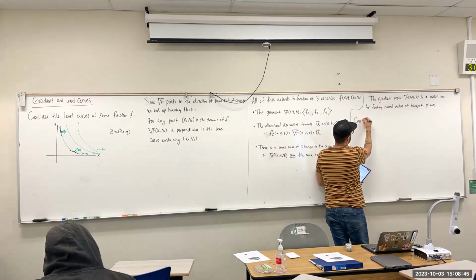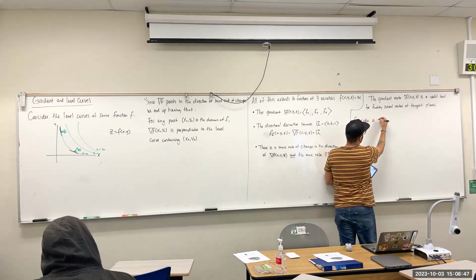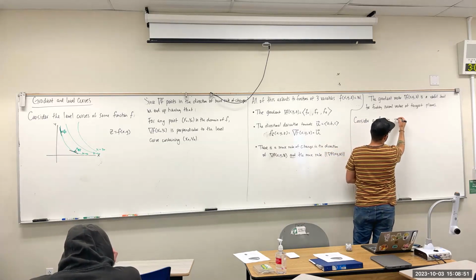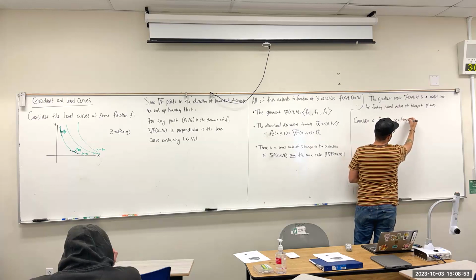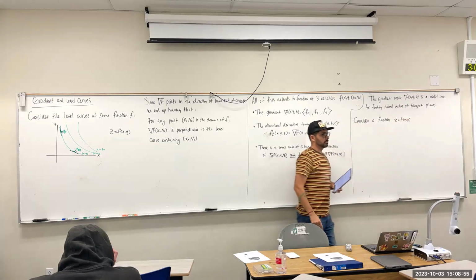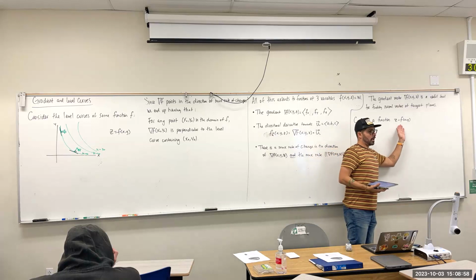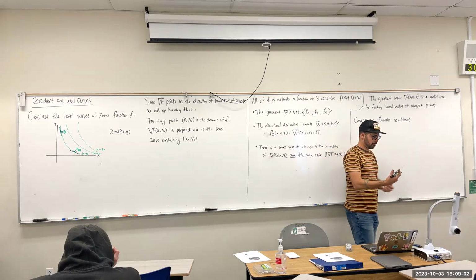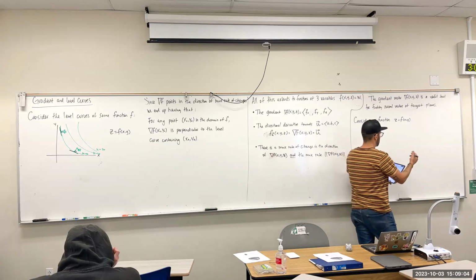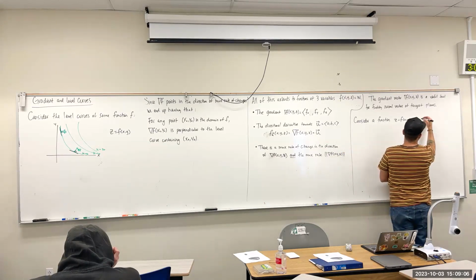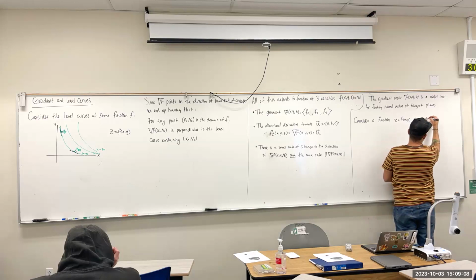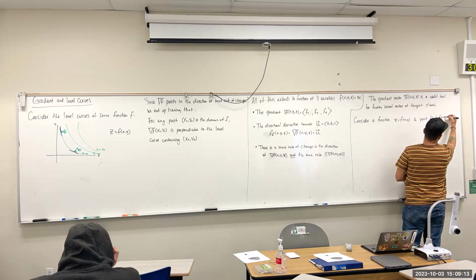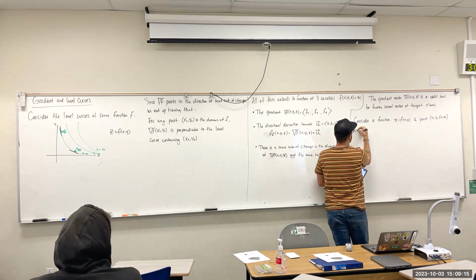So consider a function of two variables, z equals f of x, y, like that. In section 14.4, I had you guys find tangent planes to functions, surfaces of functions like this, okay? And point (a, b, f(a, b)) on the surface of f.